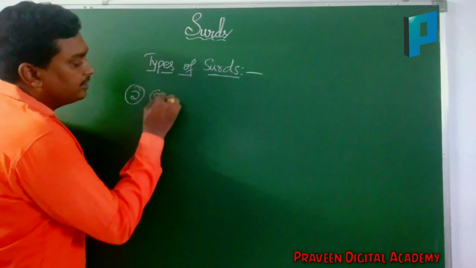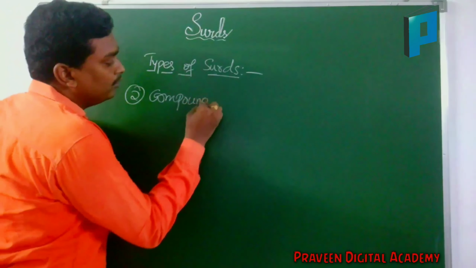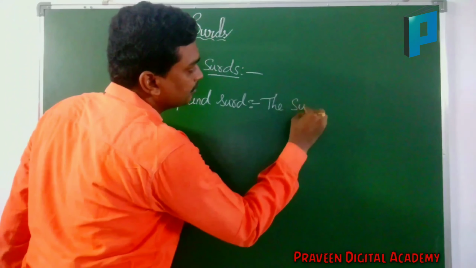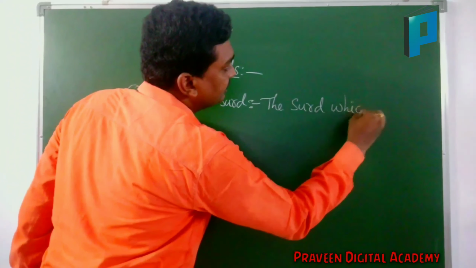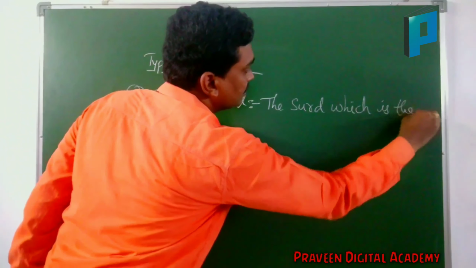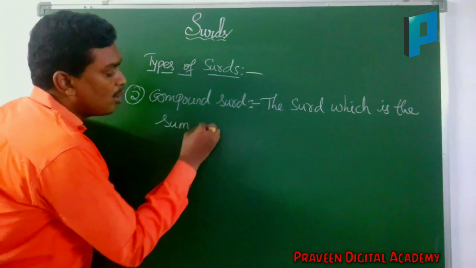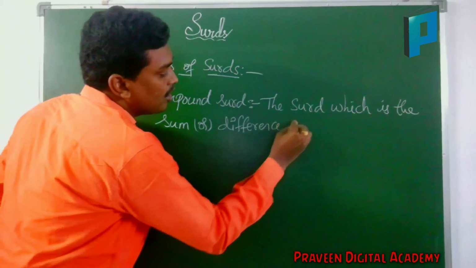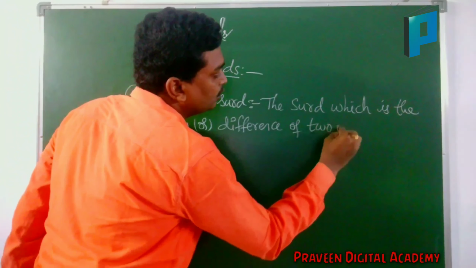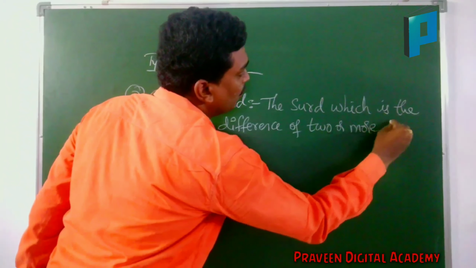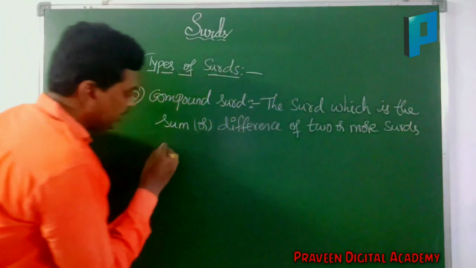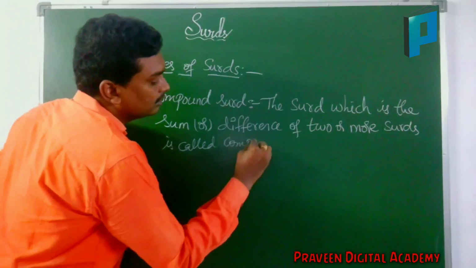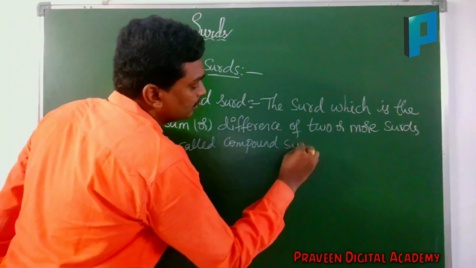Second one, compound surd. The surd which is the sum or difference of two or more surds is called a compound surd.